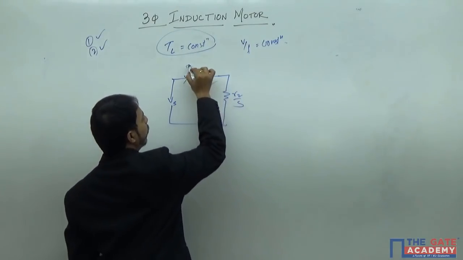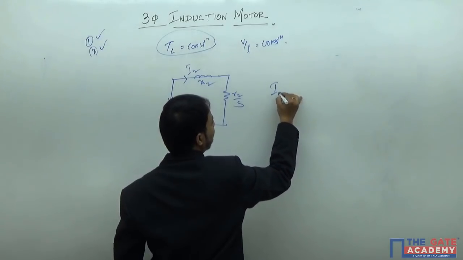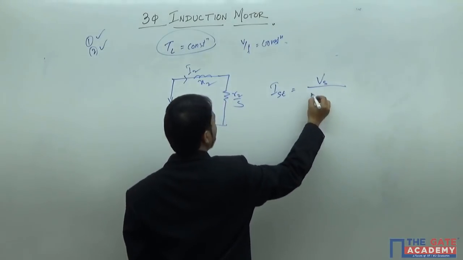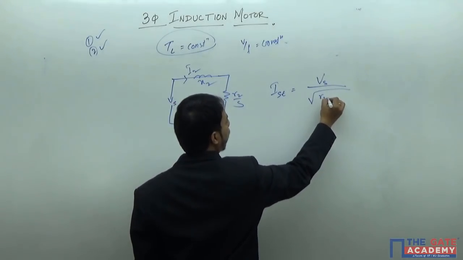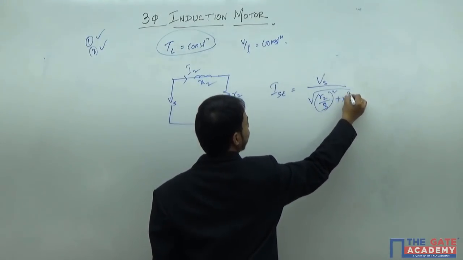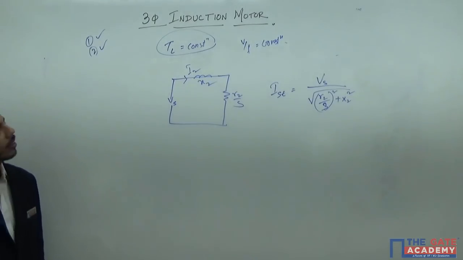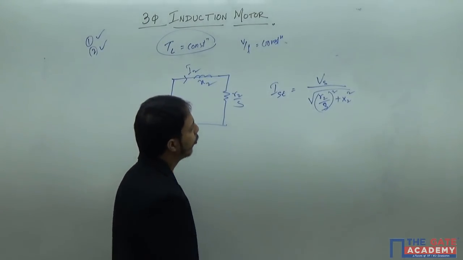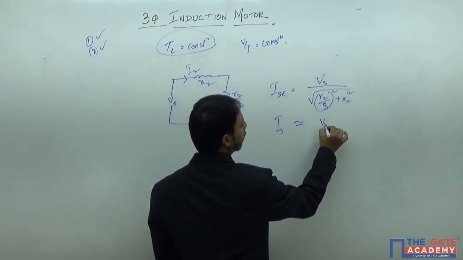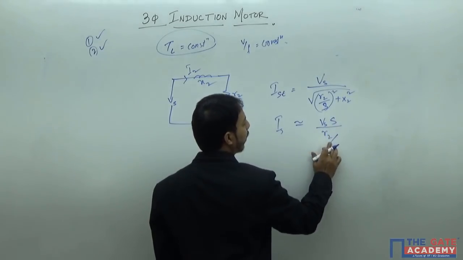So I2, or the stator current, is nothing but V supply by root over of R2 by S whole square plus X2 square. Now here again we can neglect this X2. So if we neglect this X2, almost I starting is Vs by R2 by S, or S I can bring up.